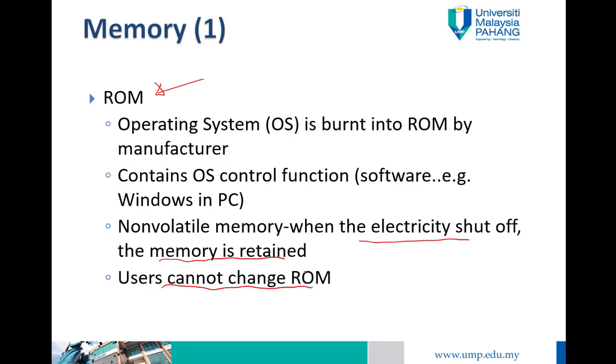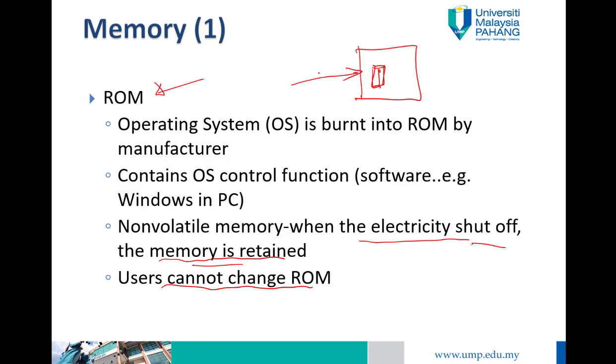The user cannot change the ROM. So this is the permanent memory, even when the electricity is turned off. Basically in a PLC, besides the power supply from outside, inside it also has internal memory backup from the batteries being used.